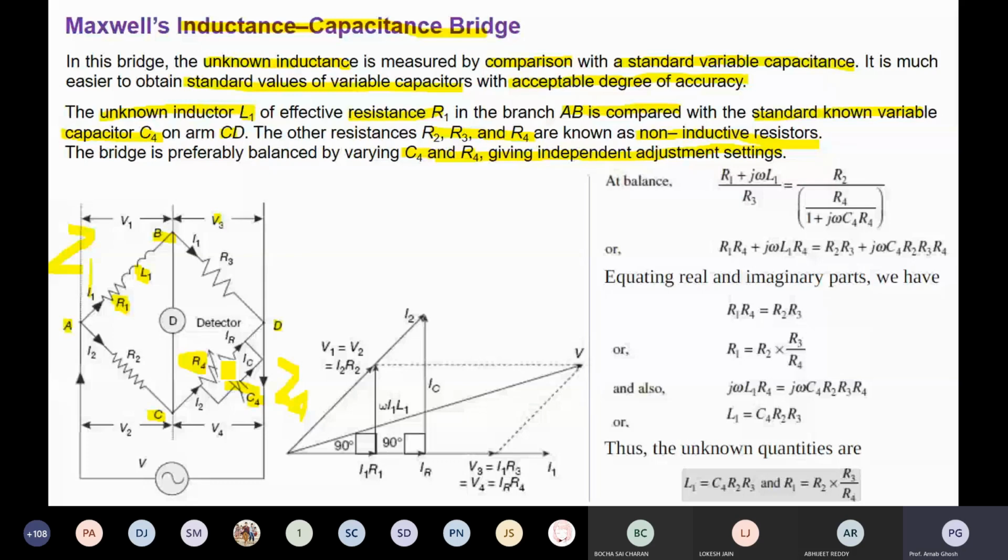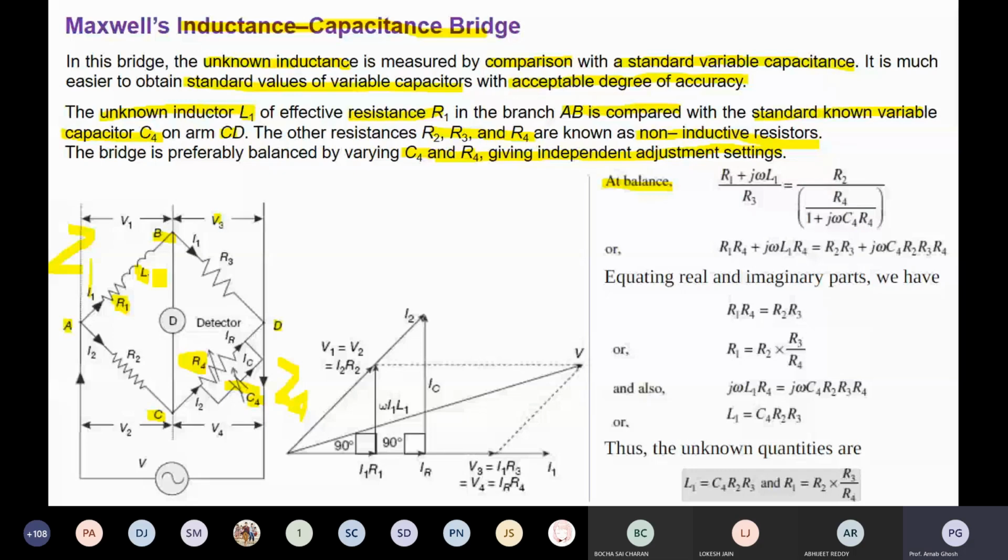Okay, so at balance condition, what is your expression? Z1 by Z2 equals Z3 by Z4. What is Z1 by Z3 equal to? Z2 by Z4. What is your Z1? Z1 is R1 plus jX1. What is your jX1?